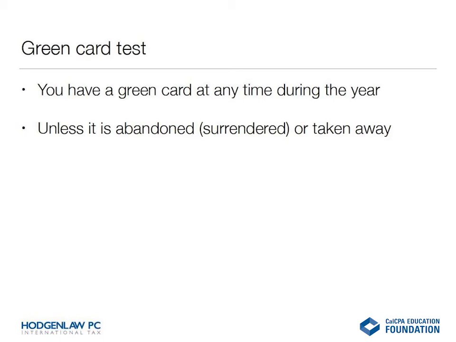So if you let your green card expire, you continue to be a U.S. taxpayer until you turn in your green card with, I believe it's Form I-407, or there's also an option to just send in a letter with it stating your intent to abandon it. But until that has happened, you're technically still a U.S. taxpayer. So something to keep in mind.